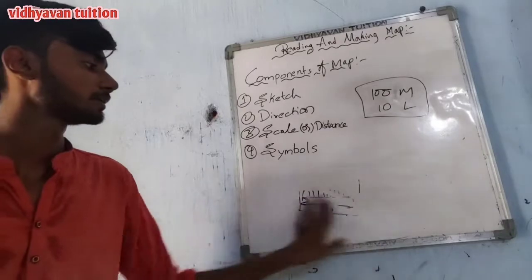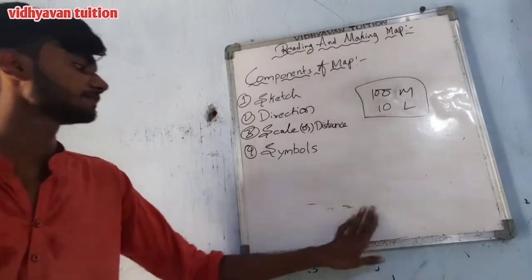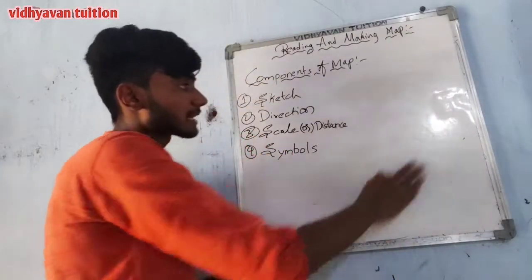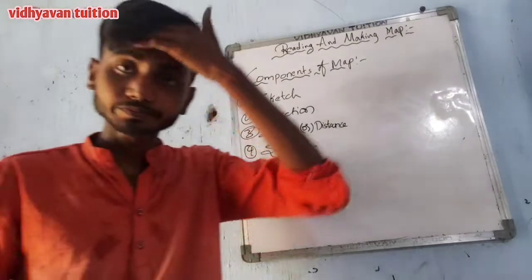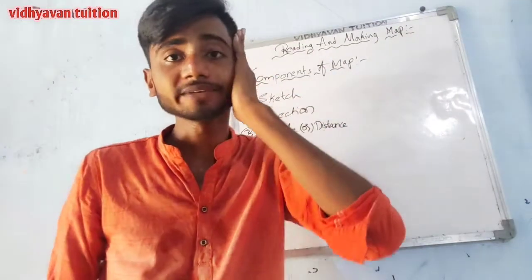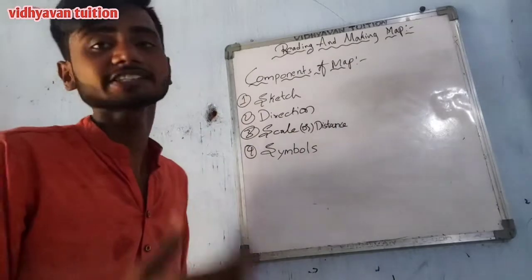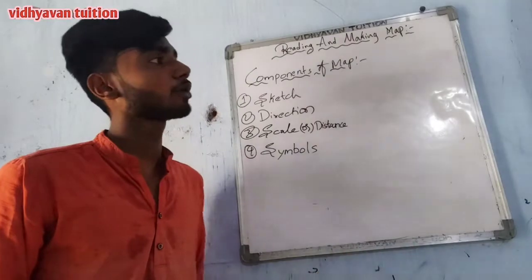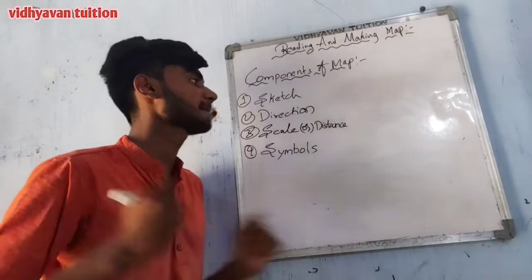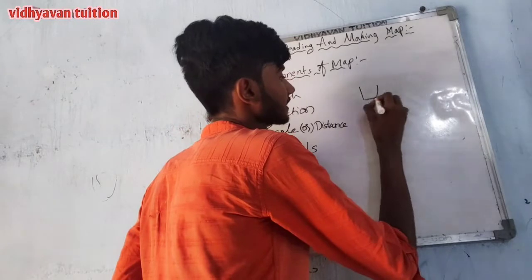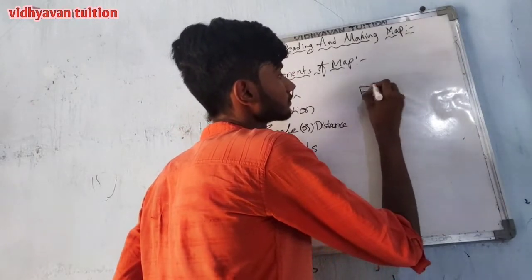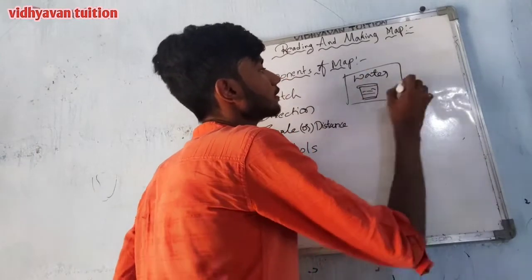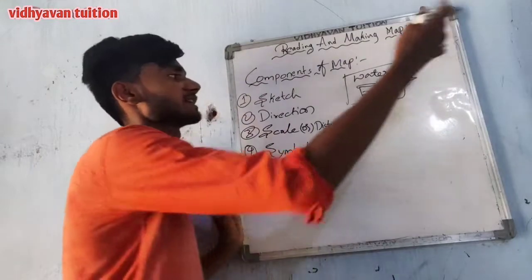Now let us see symbols. What are the uses of symbols? Suppose you have entered the Bahubali movie, you are feeling thirsty and you want some water, but you are not finding it. Then there is a board showing the direction to that side.